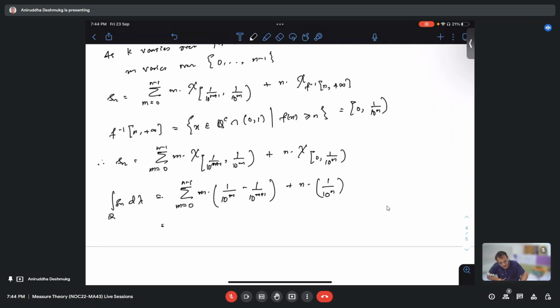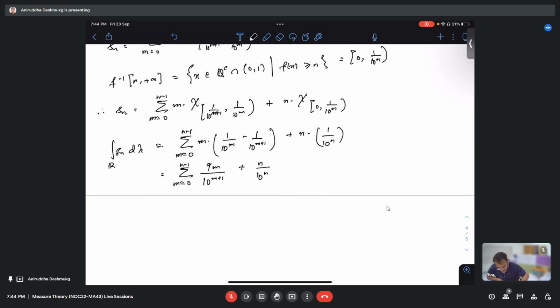And what is this equal to? Well, multiply 10 here. So it is 9m by 10 to the power m plus 1, plus n over 10 to the power n.